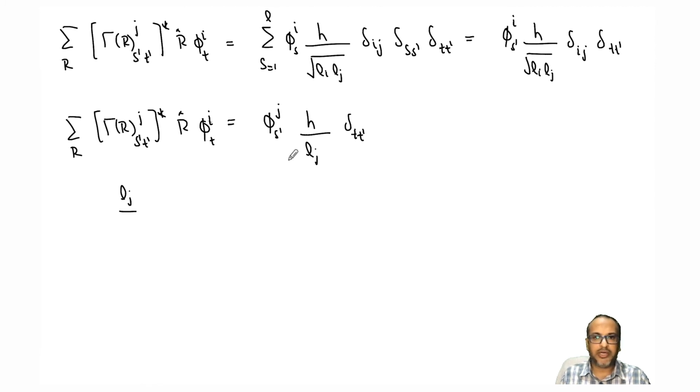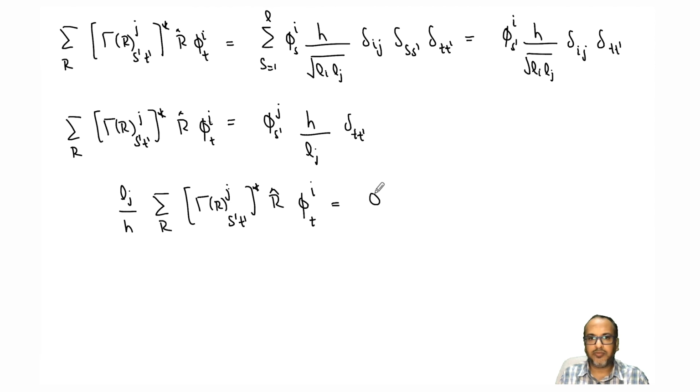So if I take all of this on the side, l_j over h, summation over all r, tau r s prime t prime j star, operator r, phi t i gives you phi s prime j delta t equal to delta tt prime.